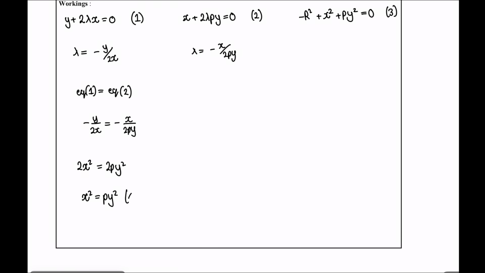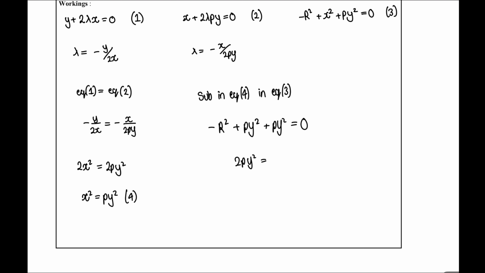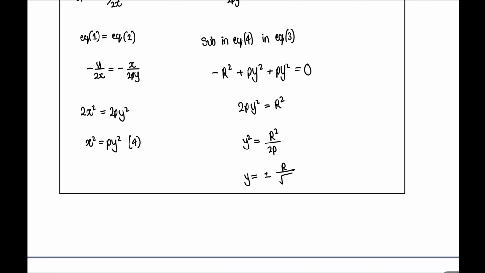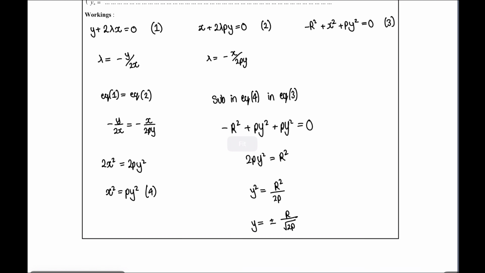If we label this equation 4 and sub equation 4 into our constraint, which is equation 3, we get minus r squared plus py squared plus py squared is equal to 0. So we get 2py squared is equal to r squared. So y squared is equal to r squared over 2p. And so y is equal to plus or minus r over root 2p.